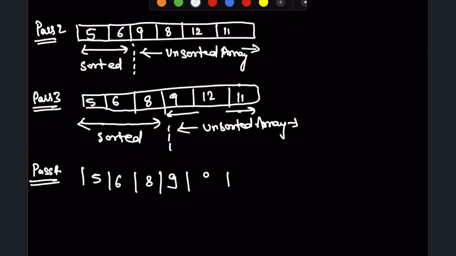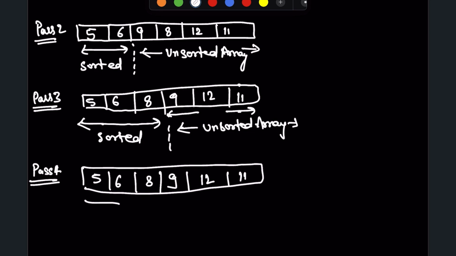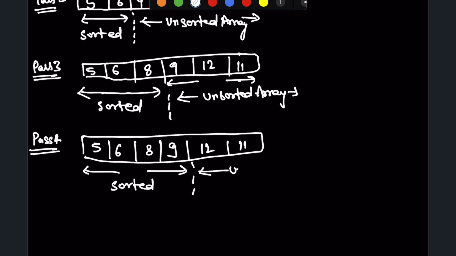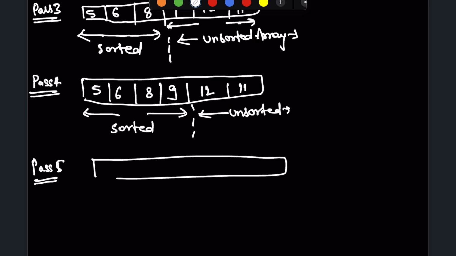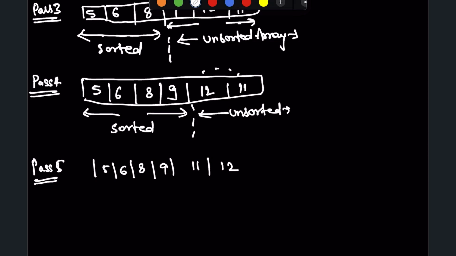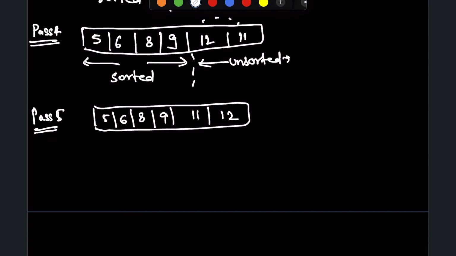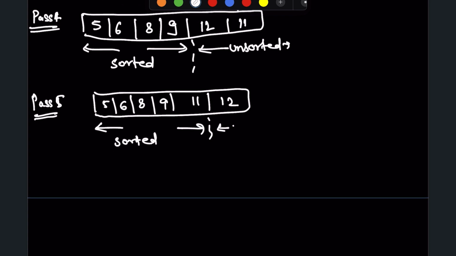We will skip and keep all elements as they are. So in the fourth pass we have 4 elements as sorted and 2 elements as unsorted. Now move to pass 5. Here the minimum element is 11, and we will move it to its location. 5 6 8 9 and 12. So at this stage we have 5 elements in the sorted array and 1 element in the unsorted array.